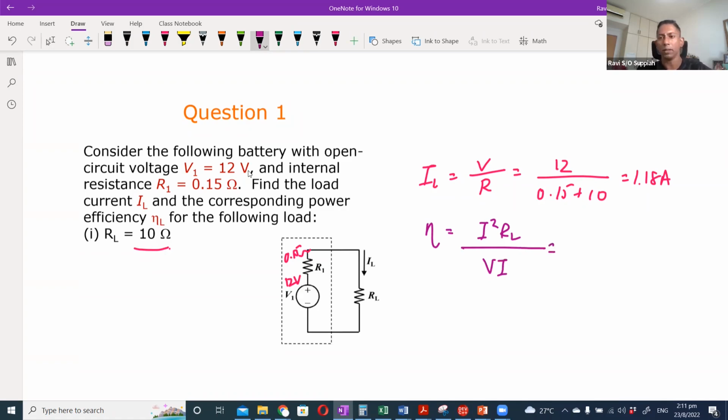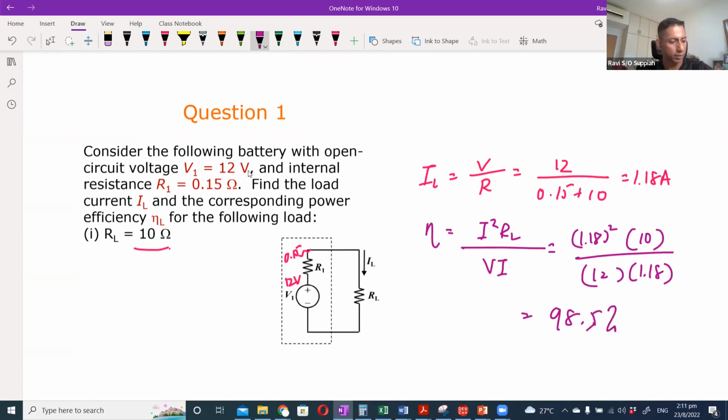That will give me 1.18 square times 10 over 12 times 1.18, so an efficiency of 98.5%. I think this is quite straightforward.